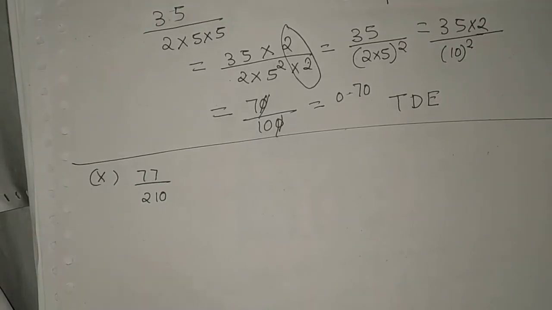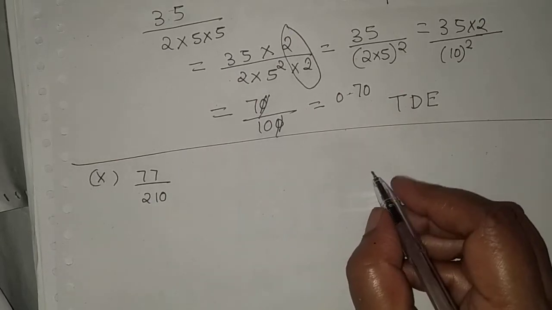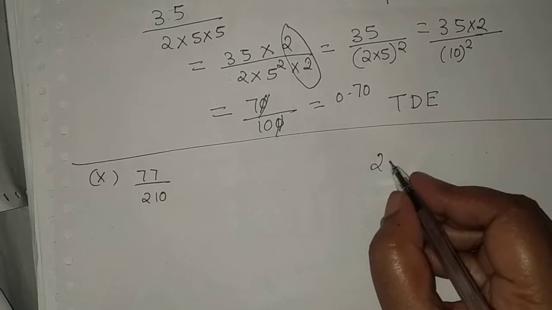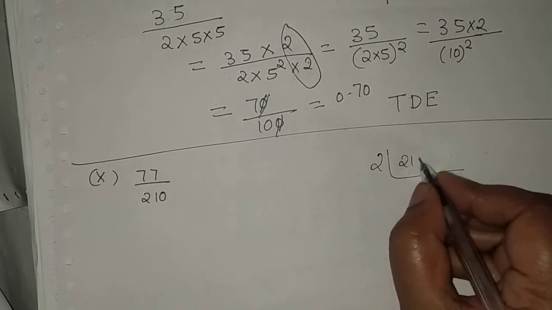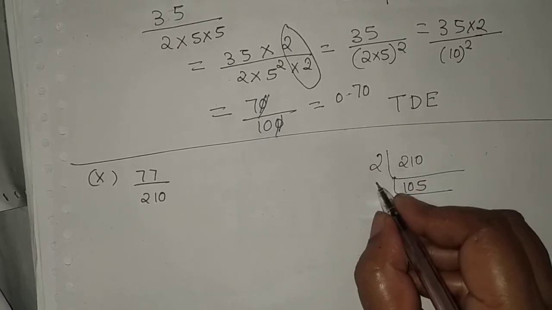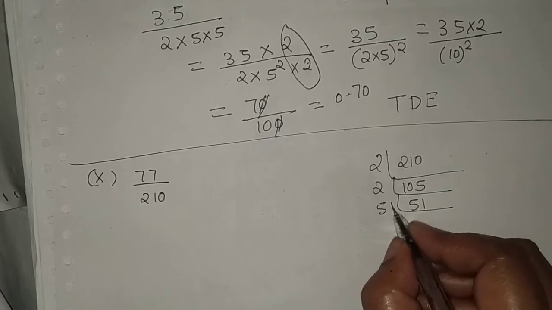So last problem in this exercise is 77 by 210. So here we have to factorize this. 2 ones are 2, 105, then 2 into 105.